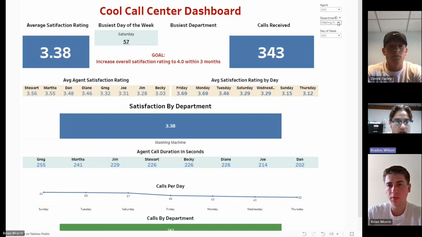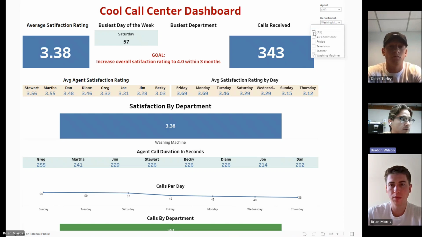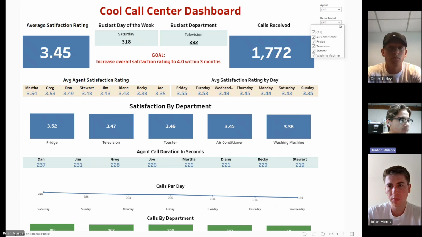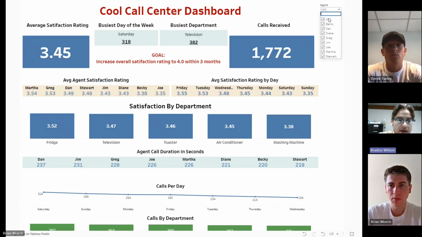And we decided, based on the data that we were presented, that was based on call length. Our washing machine department call length was significantly higher than our Fridge, and because of that, the satisfaction rating would go down because people don't like spending more time on fixing a problem that they shouldn't have in the first place.